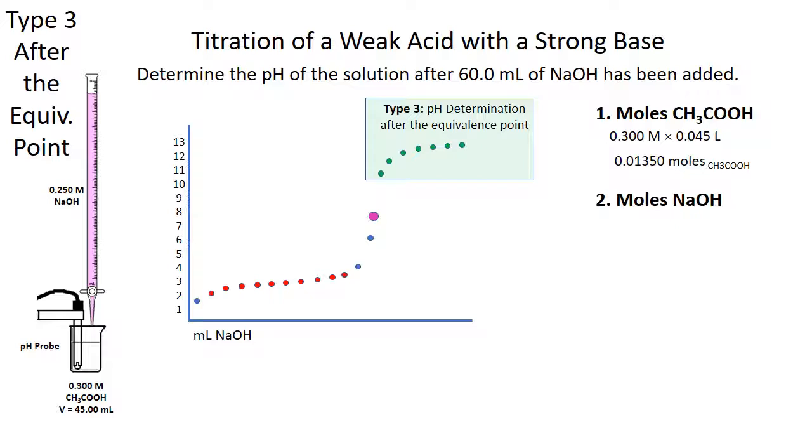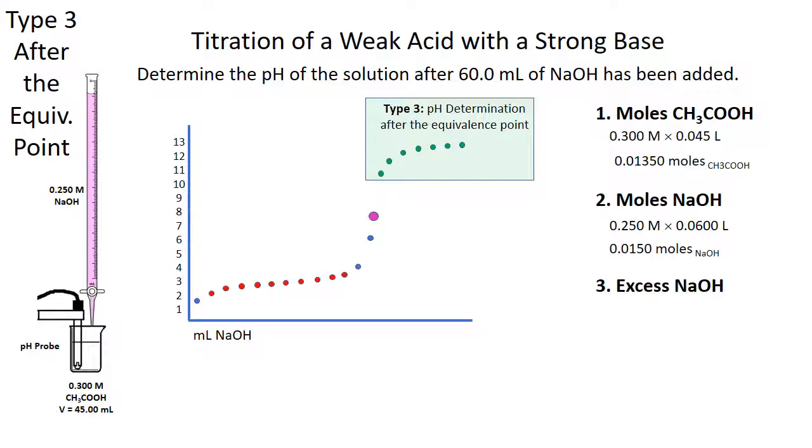So we'll use the concentration of the sodium hydroxide, 0.250 molar, given to us initially, and multiply that by the 60 milliliters, or 0.06 liters, to determine that we have really added 0.0150 moles of NaOH. We haven't even considered neutralization yet. We're just looking at the number of moles of the initial acetic acid and the number of moles that we are dispensing into the solution as we add the 60 milliliters of NaOH.